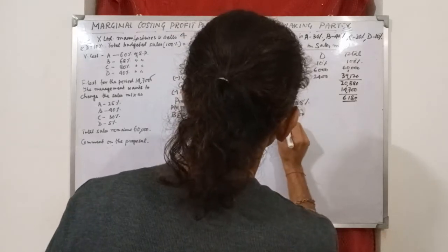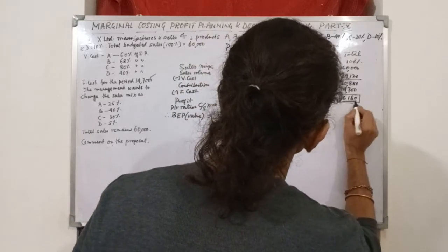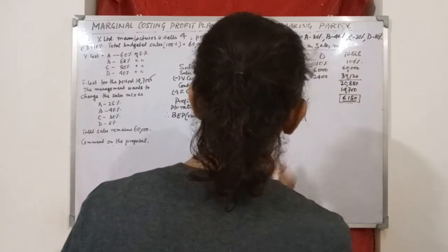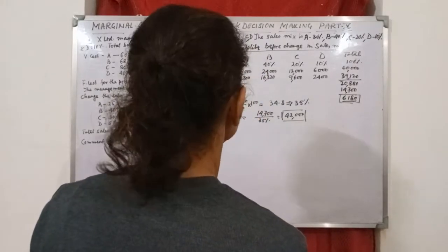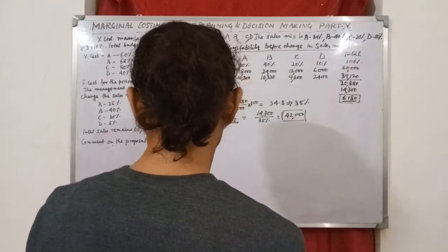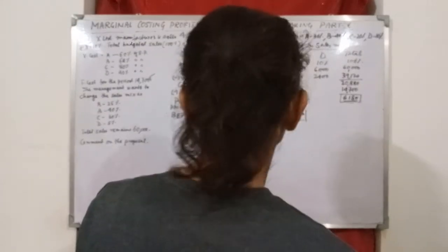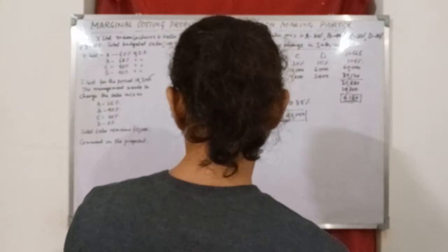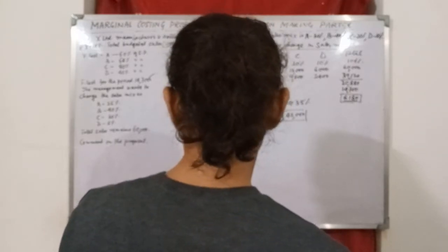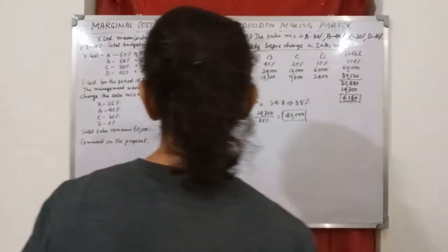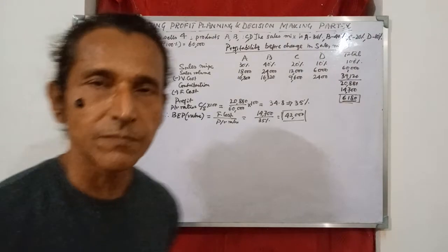This is the BEP sales, and this is the total profit with the original budget figures. Yeah, 42,000.